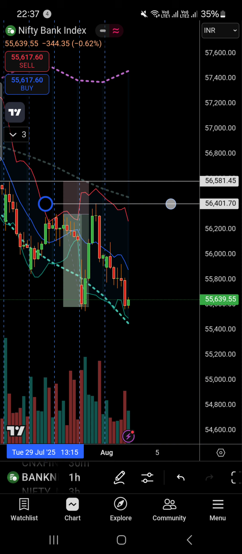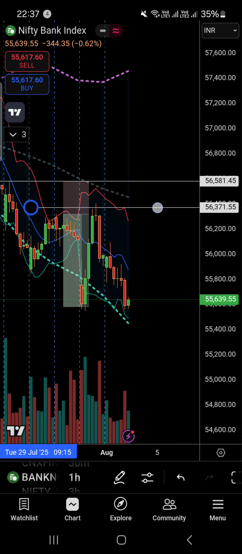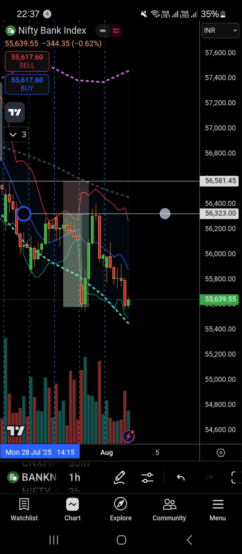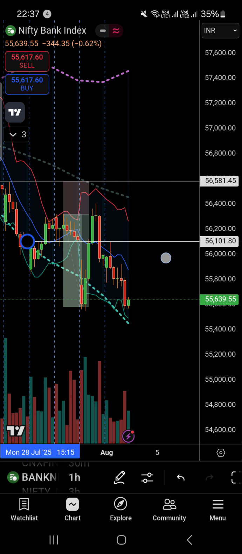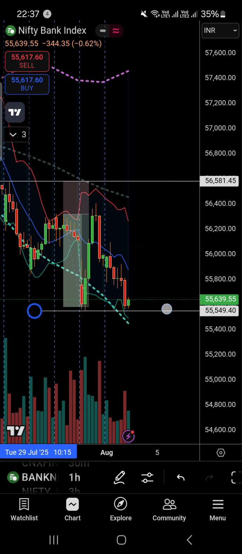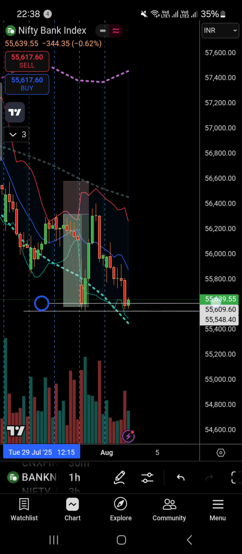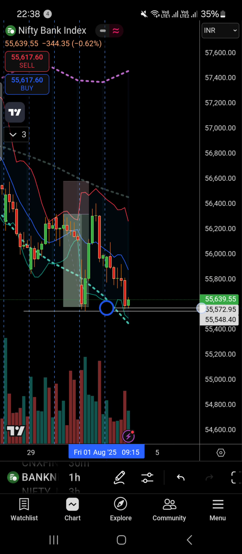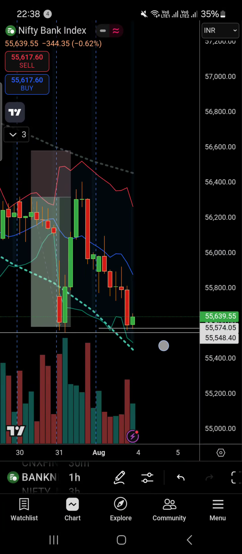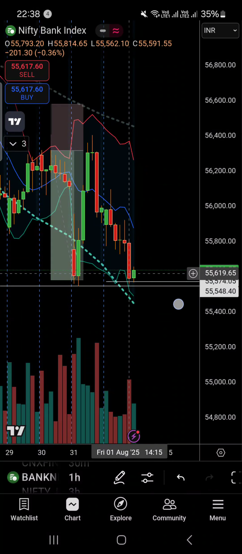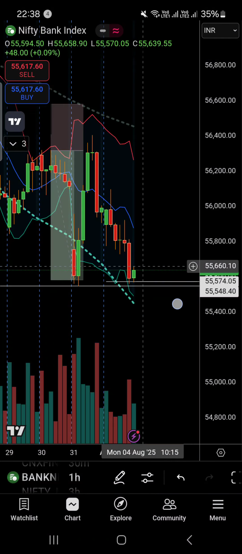Now you see here, it did a pullback, and it crossed this last high where we took the trade. Now the recent low that it made on Friday, if you observe carefully, price did a pullback and went inside this zone.